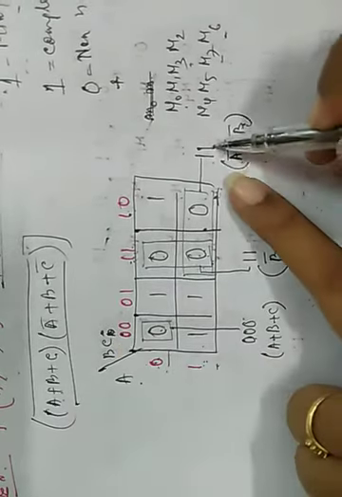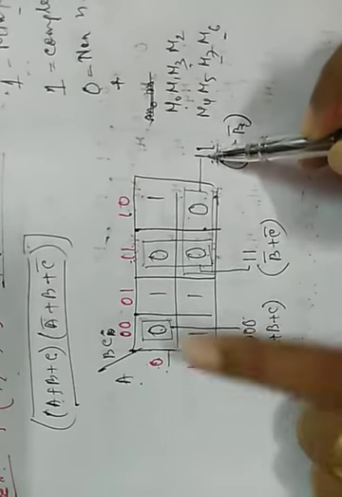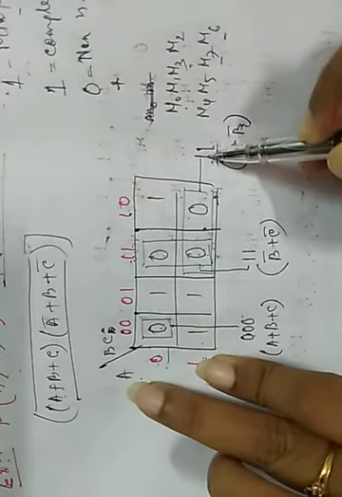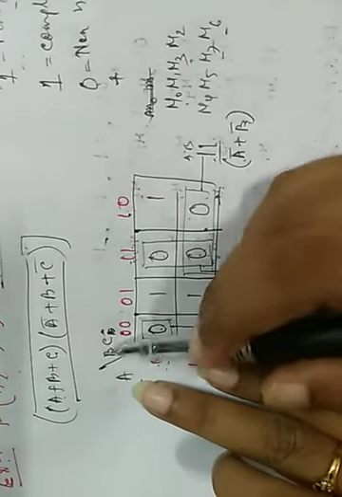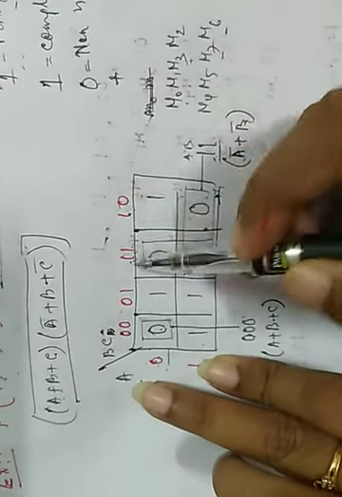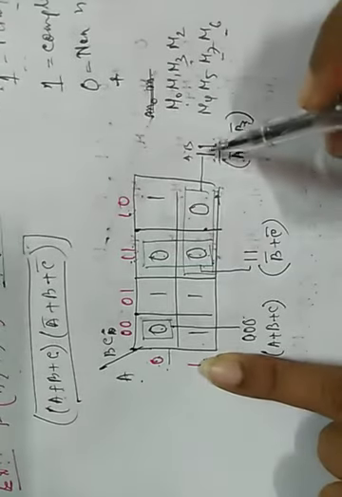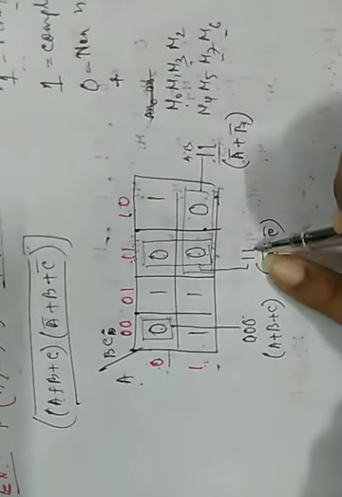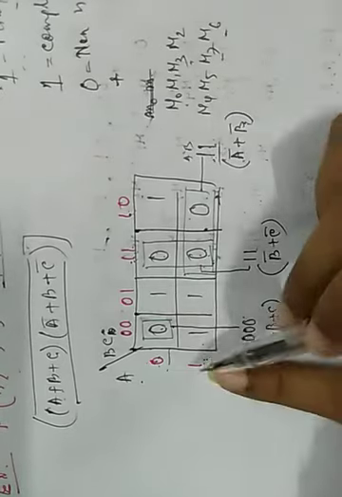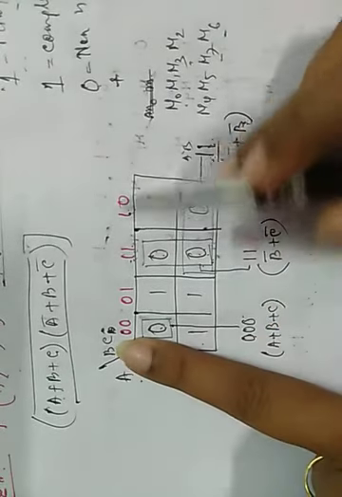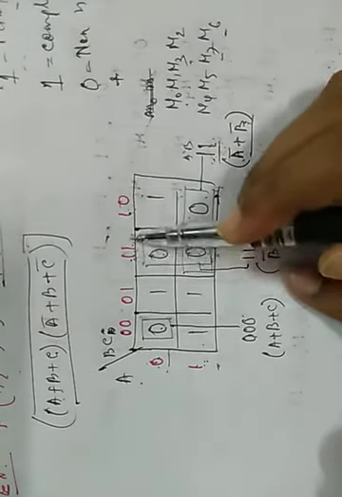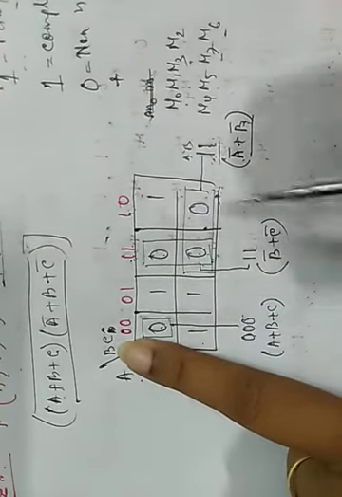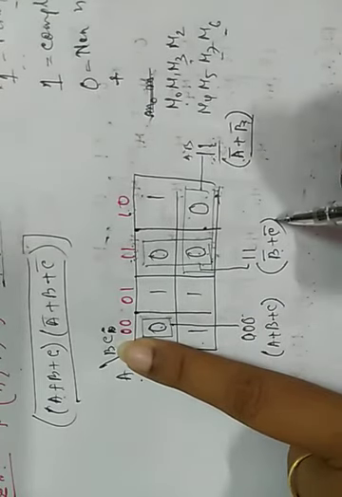Mind it, here also it is 1 1, but here one 1 comes from the a value and another one comes from the b value. You should mark it very cautiously. So that's why I am writing here a bar plus b bar. And for this 1 1, both the variables are b and c, so b bar plus c bar.